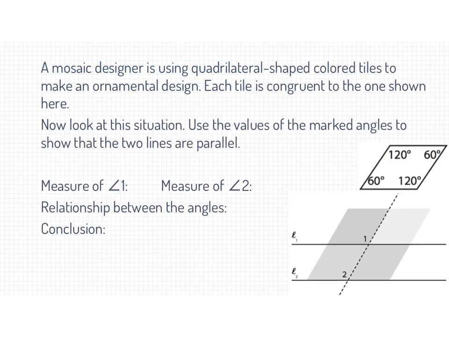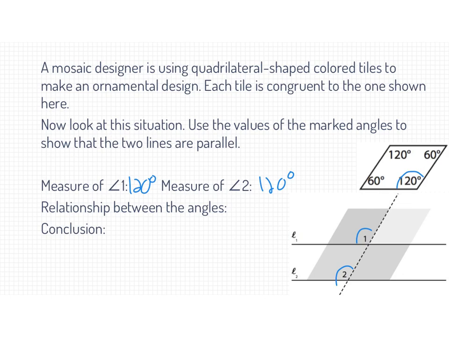So here is an example of a problem, showing how this can be used. A mosaic designer is using quadrilateral shaped colored tiles to make an ornamental design. Each tile is congruent to the one shown here. Look at the situation, use values of marked angles to show that the two lines are parallel. The measure of angle 1, the bottom right, is 120. And the measure of angle 2, the bottom right, is 120 again.